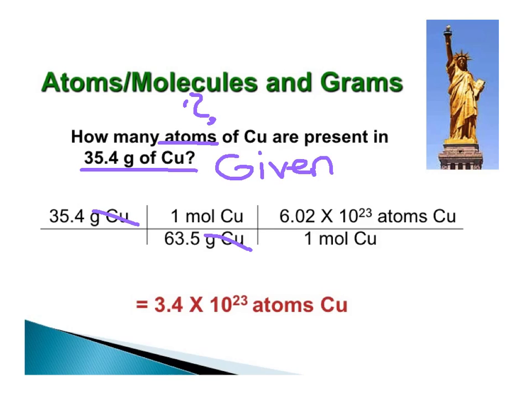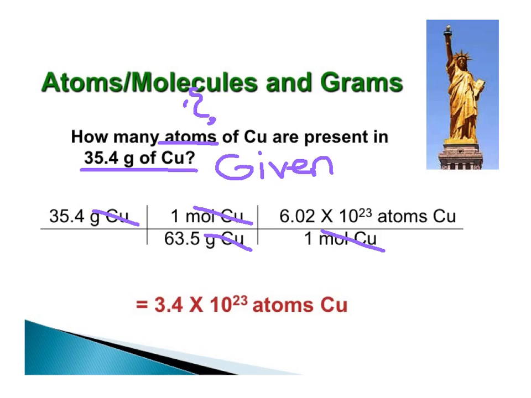We're left with moles. Now at this point, we need to change our moles to atoms because we're in moles right now. The question's asking us for atoms. That's how we know we need to continue. So again, 1 mole is equal to 6.02 times 10 to the 23rd atoms in this case. So our 1 mole will cancel. We're left with atoms.